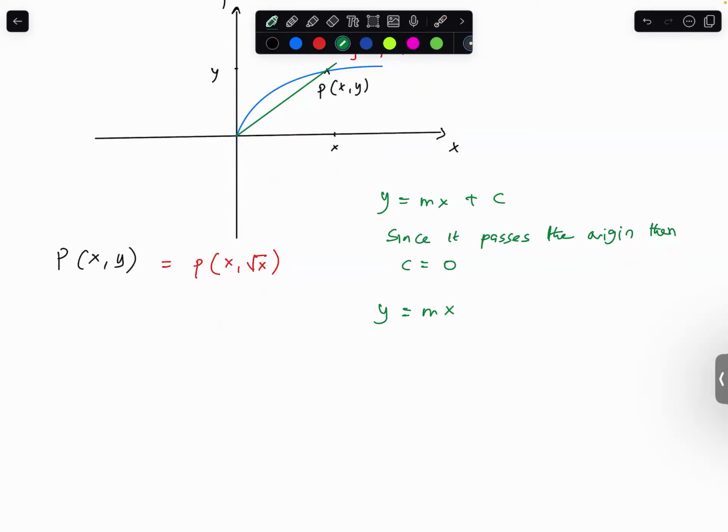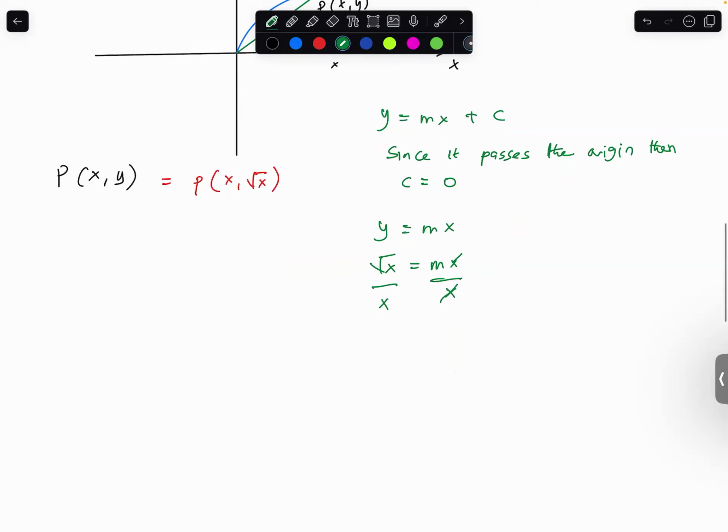So instead of writing y, we can say that the square root of x equals m times x. If we divide through by x, we have m equals square root of x over x.